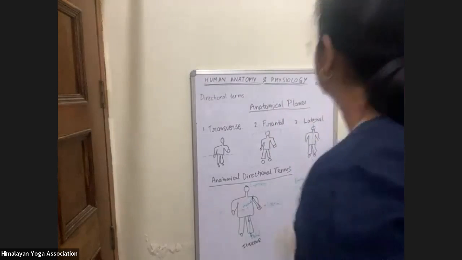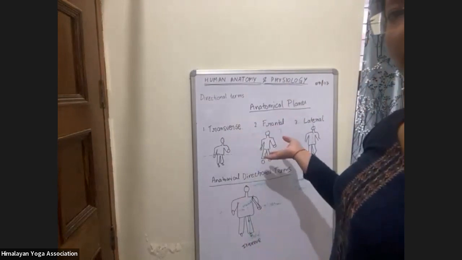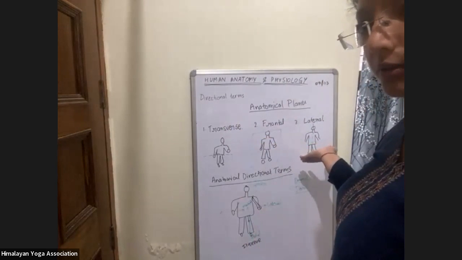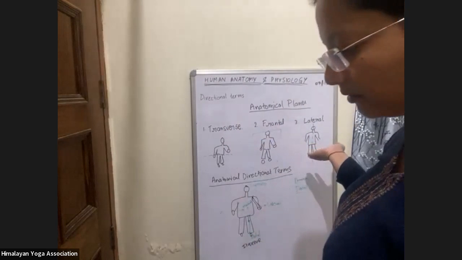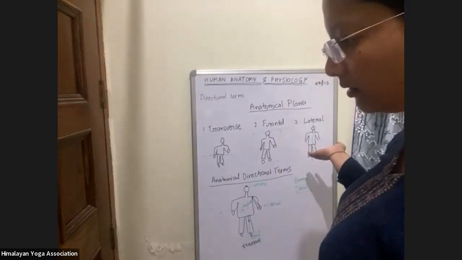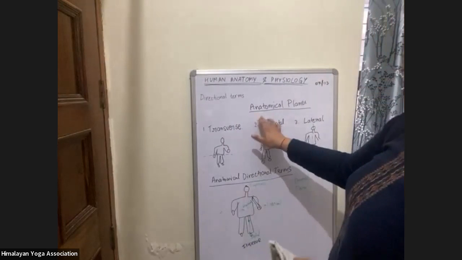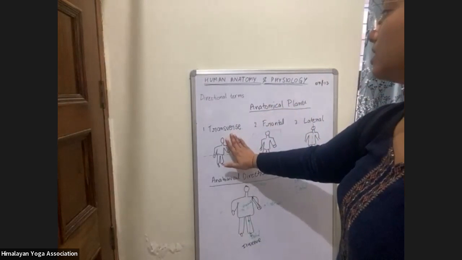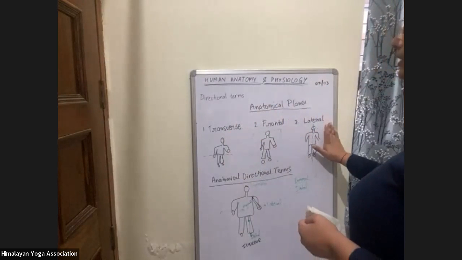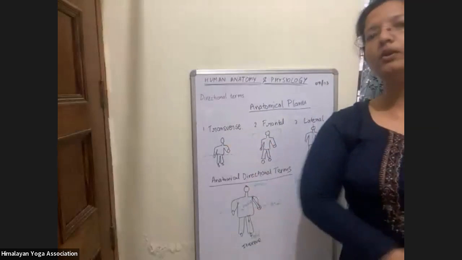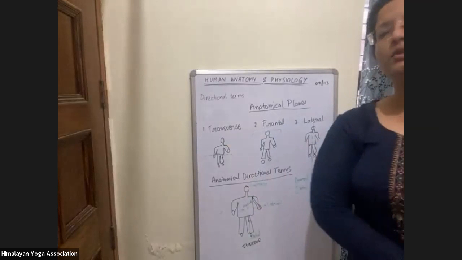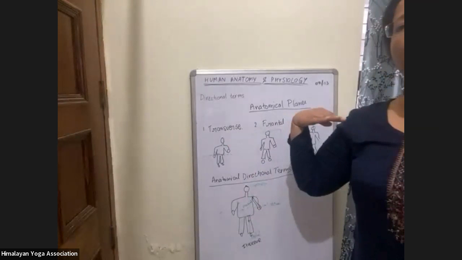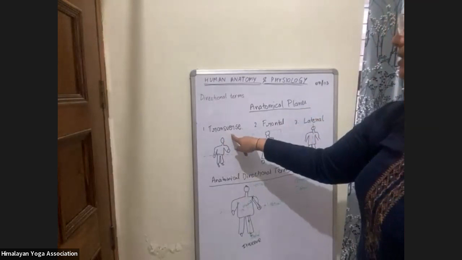If you want, you have this in your notes, if you want to copy that. Yes, page 356, anatomical planes. There are three types of planes: transverse, frontal, and lateral. Transverse is if you cut horizontally, anywhere.